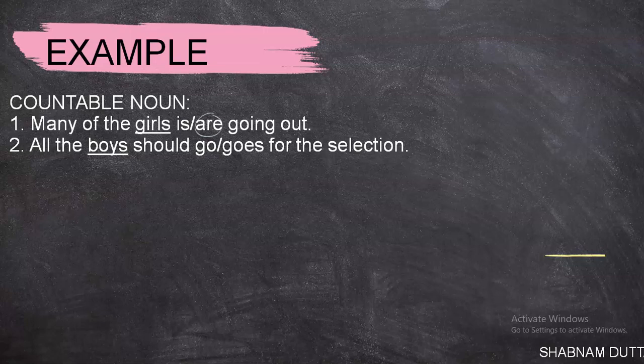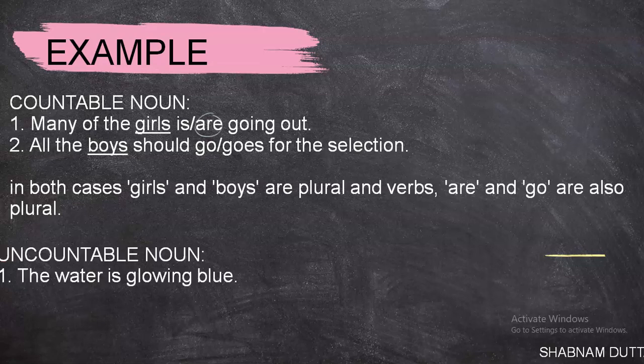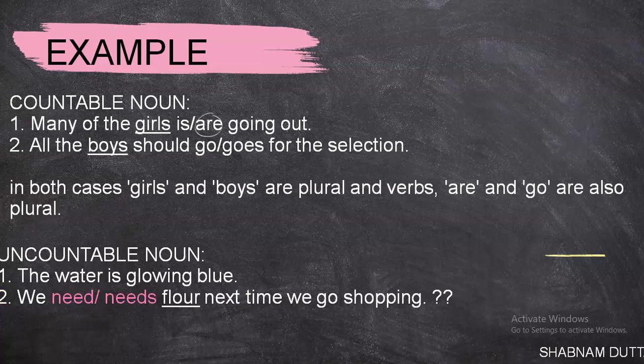Boys is plural, so the verb will be plural. Go, verb without s. Got it? Now, in the next sentence, see, "The water is glowing blue." Do you think you can count water? No. So it's an uncountable noun. Therefore, we have to use "is" here. Now identify the correct verb for the sentence. "We lead or leads Floor next time we go shopping." And quickly write down the answer in the comment box.